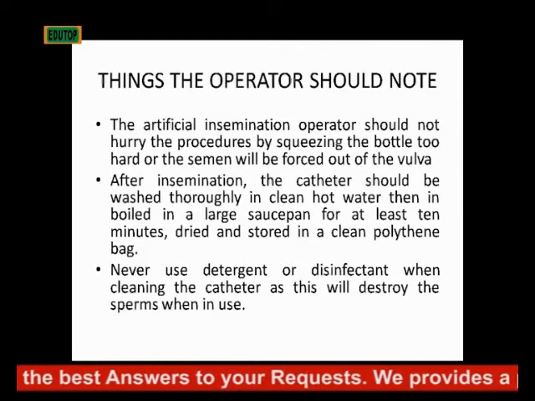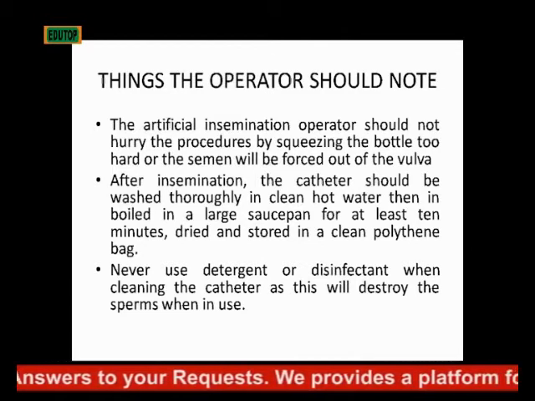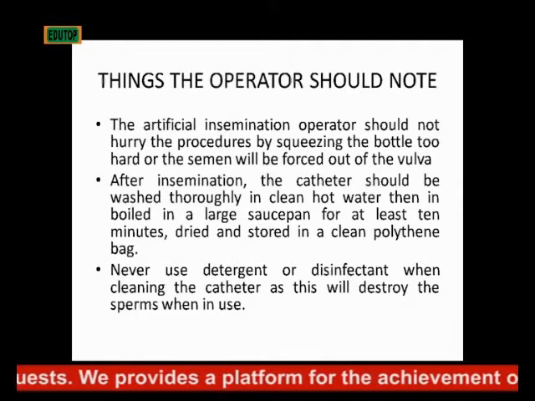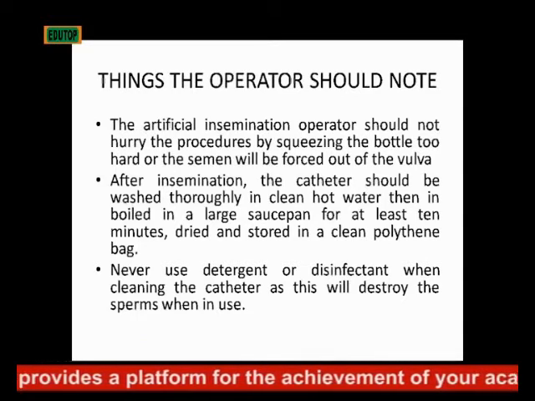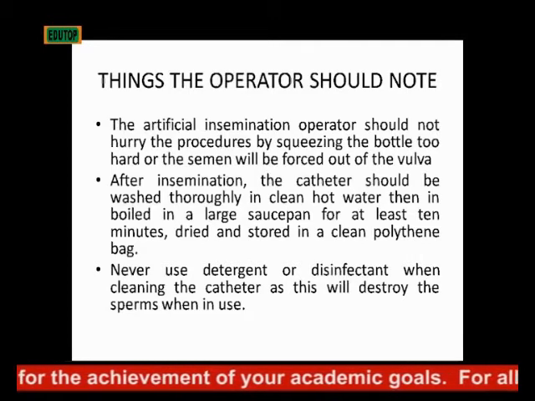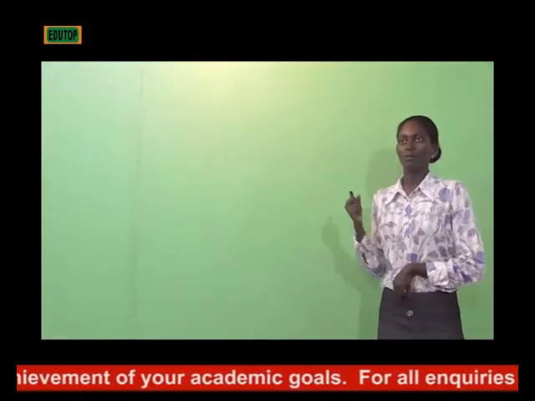Now, things that you should note as an operator: the squeezing of the bottle should not be too hard, or the semen will be forced out of the vulva. It should be a gentle pressing of the bottle.